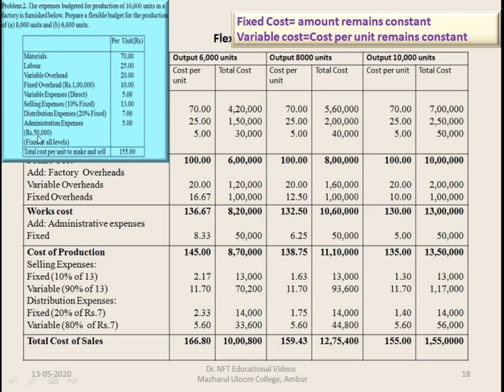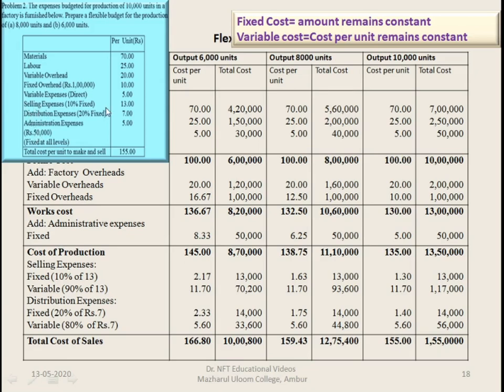So, here administrative expenses is 50,000 in case of 10,000 units, and it's fixed at all levels. So, you write 50,000, 50,000 and 50,000 at all the three levels. 50,000 divided by 6,000 gives you 8.33. 50,000 divided by 8,000 gives you 6.25, and 50,000 divided by 10,000 gives you rupees 5. If you add this along with the work cost, you get the cost of production.